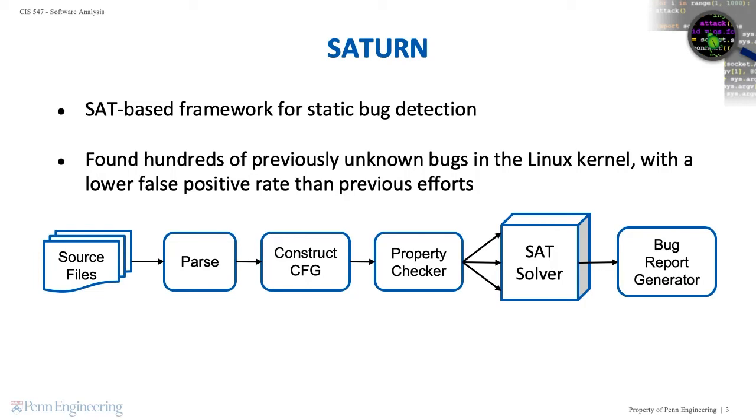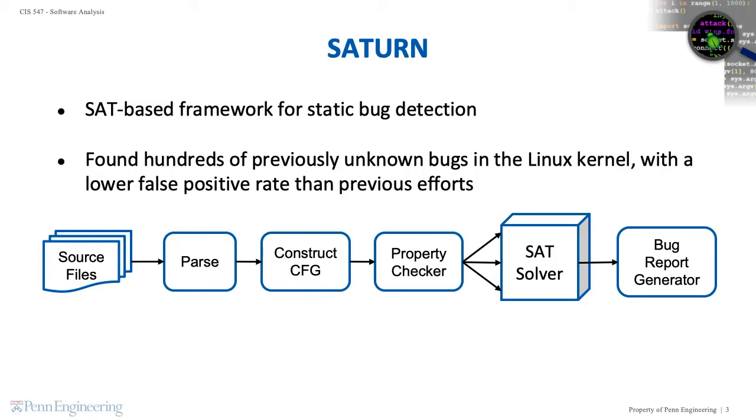The Boolean formula is fed to a SAT solver. If the solver outputs that the formula is satisfiable, then the satisfying assignment is used to generate a bug report in the form of a program input that exhibits the violation of the property.